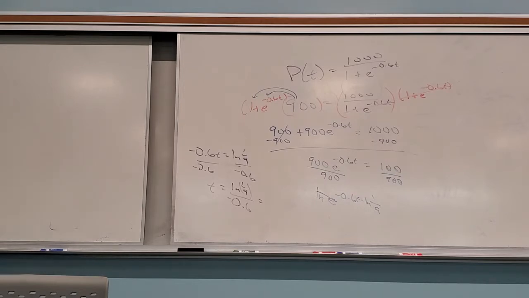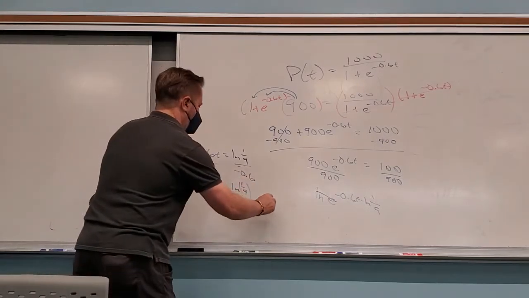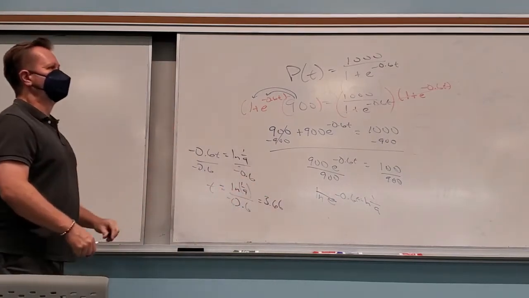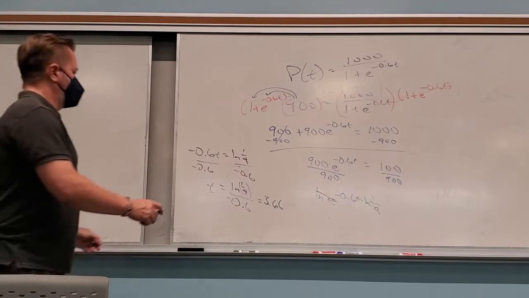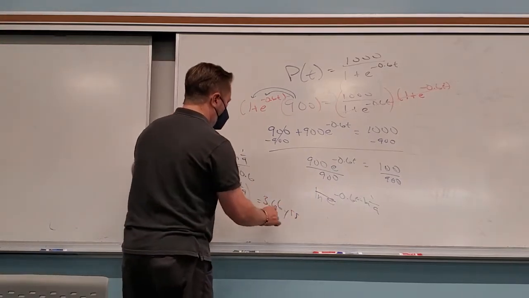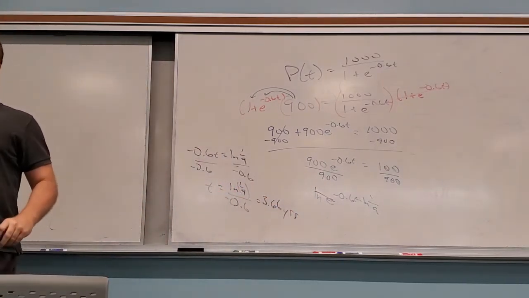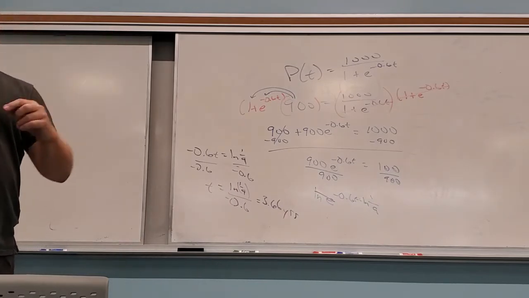Not too bad. Are you able to do that? Of course, if you don't have a calculator, that's really difficult. What'd you get? 3.66? That's pretty close. 3.66 what? What units does it say time is in? Years. So in a little over 3.5 years, there will be 900 fish.